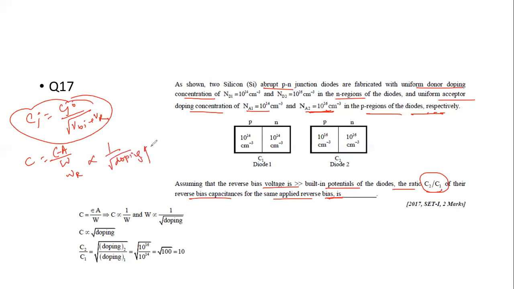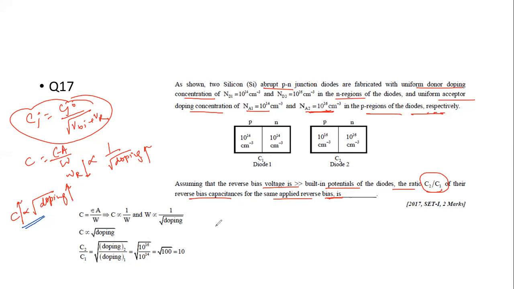If your doping concentration increases, then the reverse bias depletion region width will decrease. So capacitance is directly proportional to under root doping. If your doping concentration increases, then the capacitance will increase, right? That is the doping concentration effect.